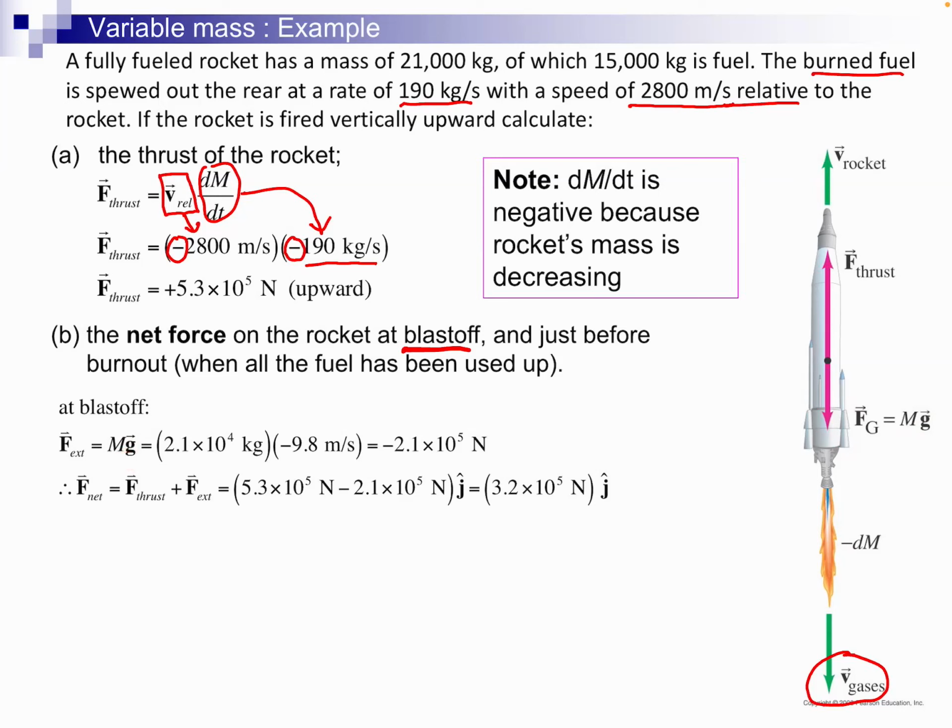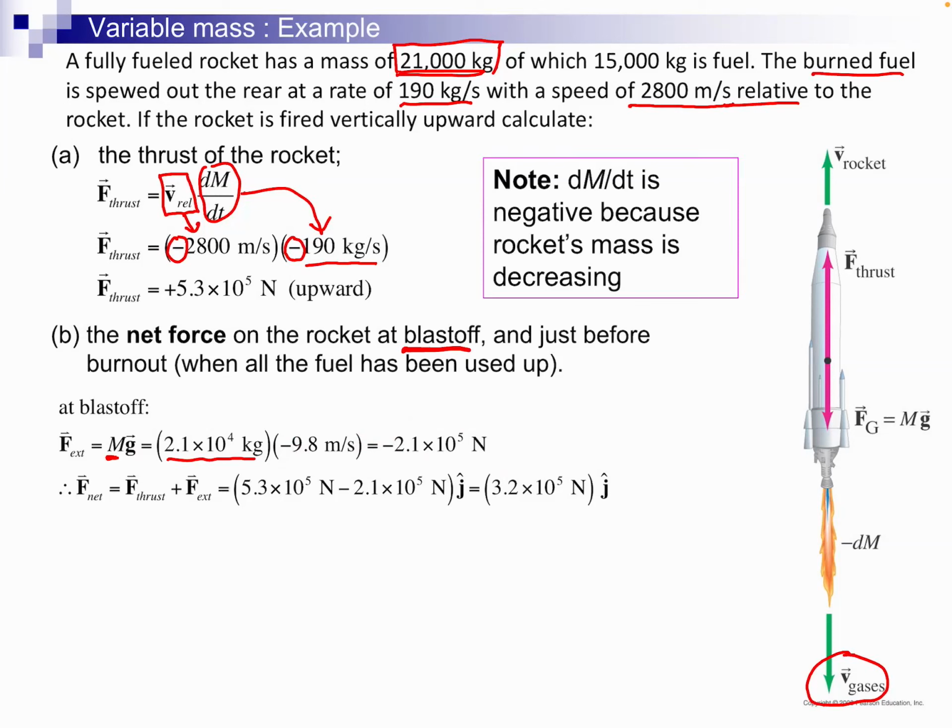At blast off, we assume that the rocket is still fully fueled, so your total mass is 21,000 kilograms, or 2.1 times 10 to the 4 kilograms. Gravitational acceleration is, of course, negative 9.8, giving you this weight force.